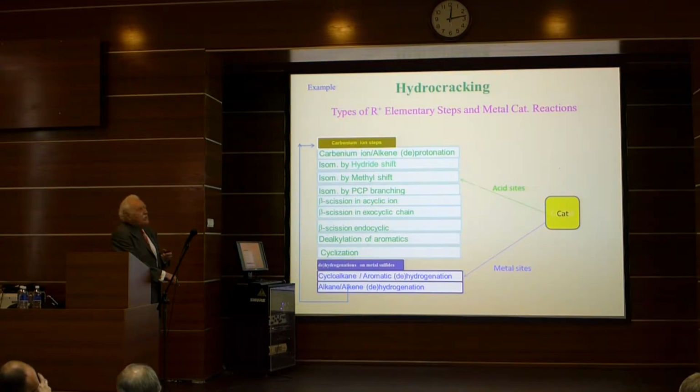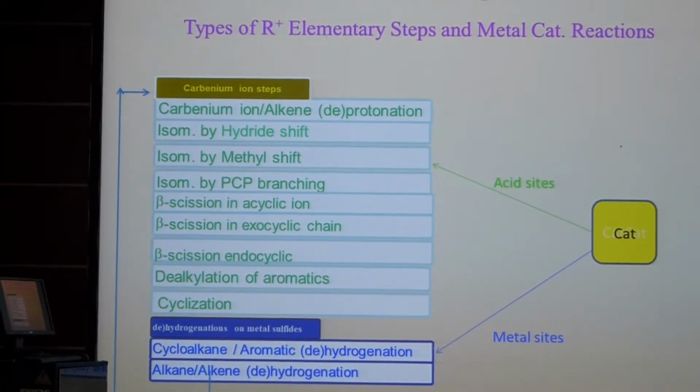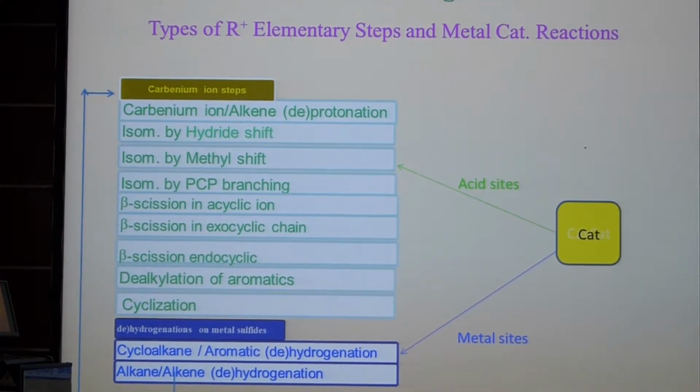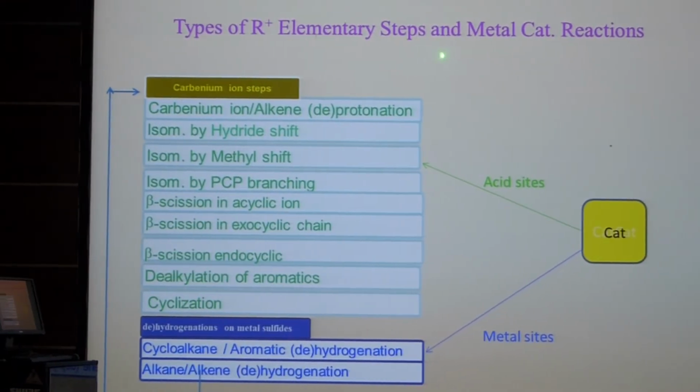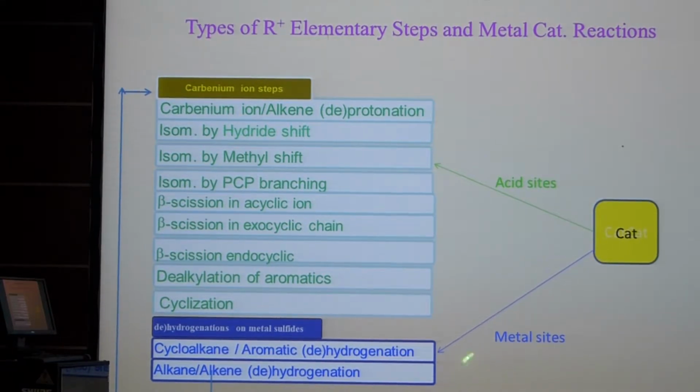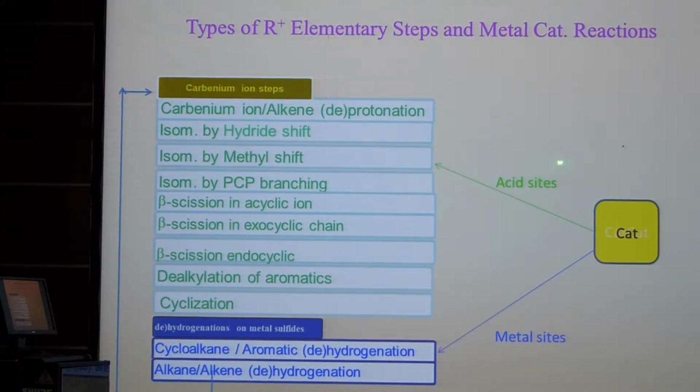Let me take an example, and that example is hydrocracking, and let us analyze the hydrocracking process in terms of the elementary steps that occur on the catalyst that may contain metal sites. So those are the elementary steps occurring on the acid sites of the catalyst. But in many cases, you also have metal sites.